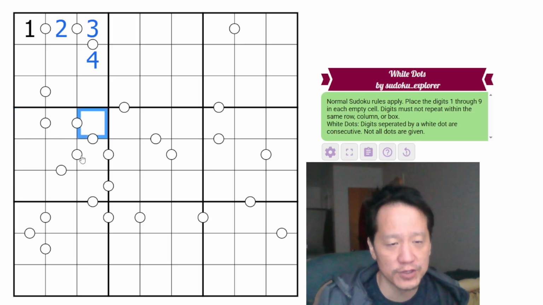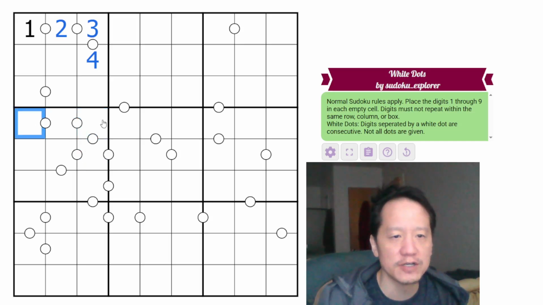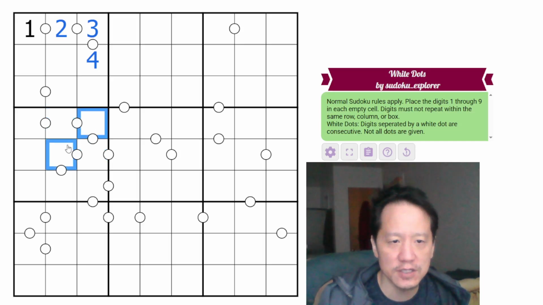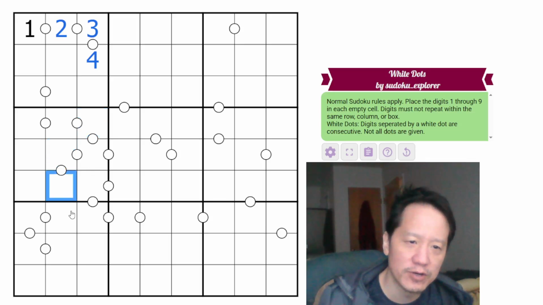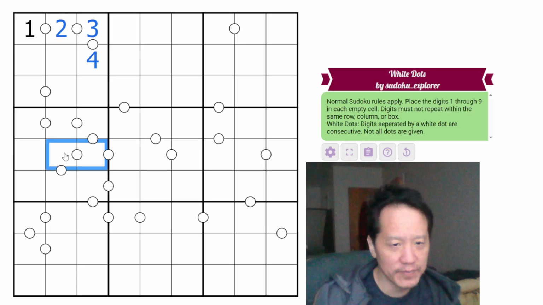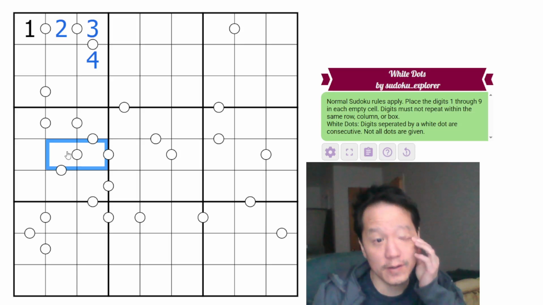This one also sees 2 unique numbers because they're in the same box. This one sees these 2, which are unique because they're in the same box. And this one... Oh, wait, I guess this one could be a 1. Okay. That's not necessarily given. Interesting.